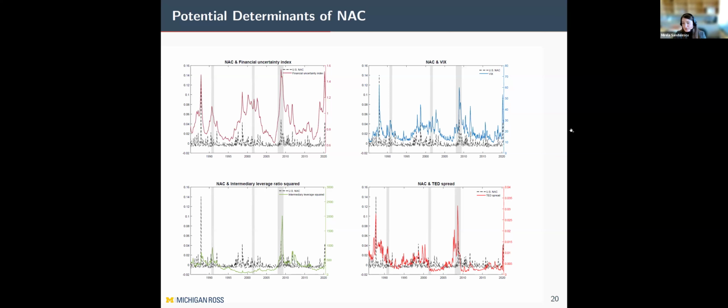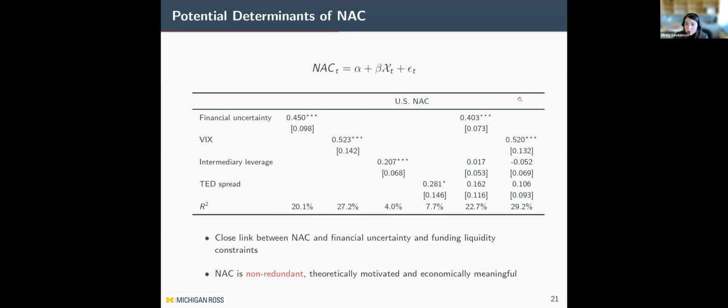Obviously, you can see that there's going to be a positive co-movement between these different variables. To test this relationship more formally in the data, we simply run time series regressions. And you see that in all of the cases, there's going to be a strong and statistically significant relation.